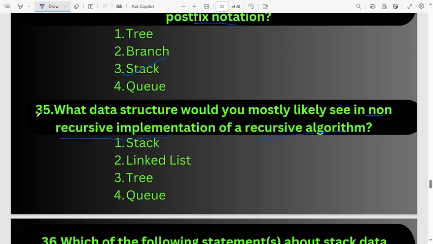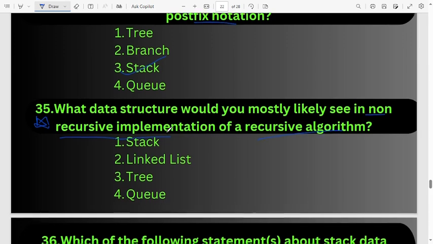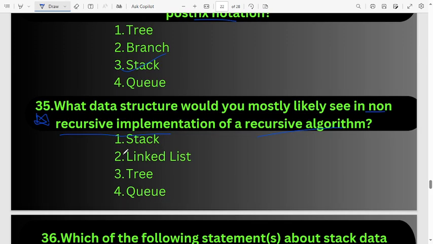It is important, a little bit confusing. So read the question again. What data structure would you most likely see in non-recursive implementation of a recursive algorithm? The options are stack, linked list, tree, queue. The correct answer will be stack.